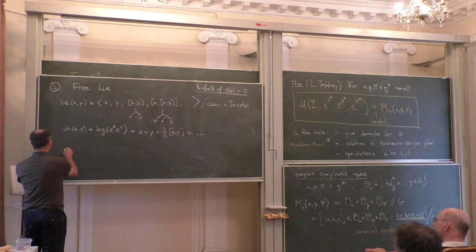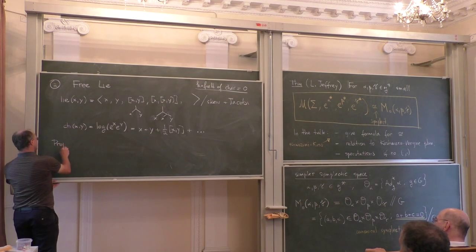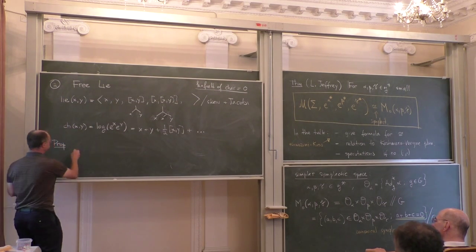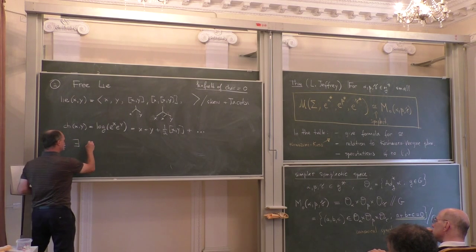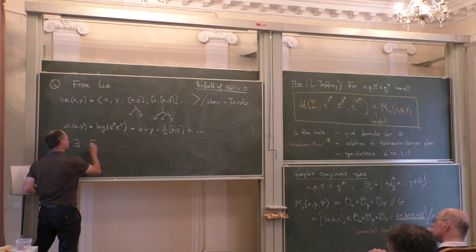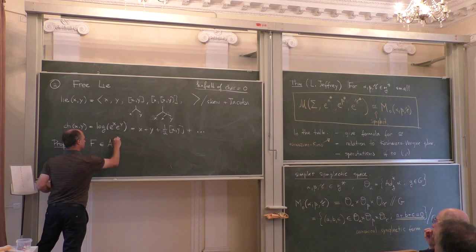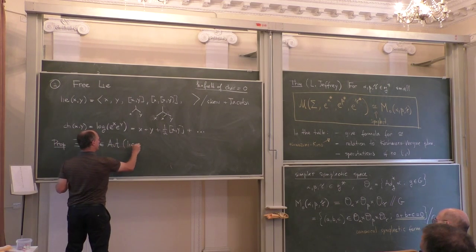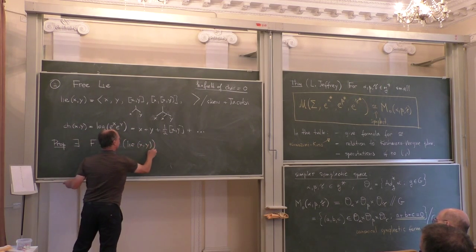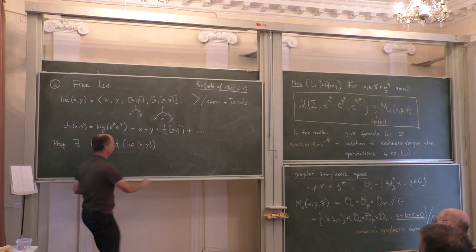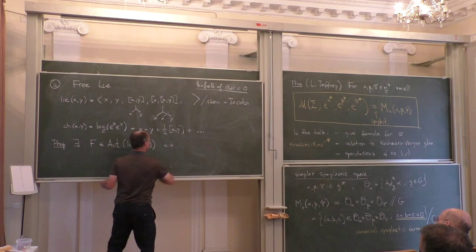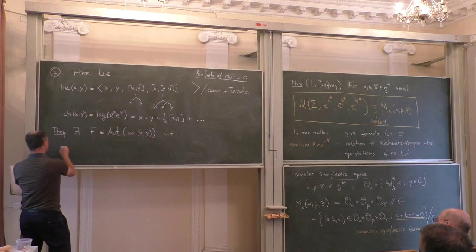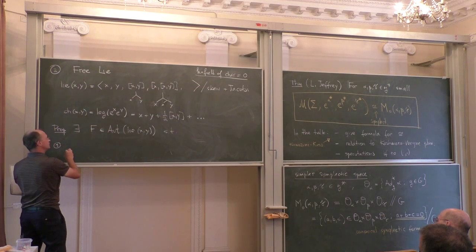Now, a small proposition. There exists an automorphism f of this free Lie algebra such that it verifies the following two conditions.